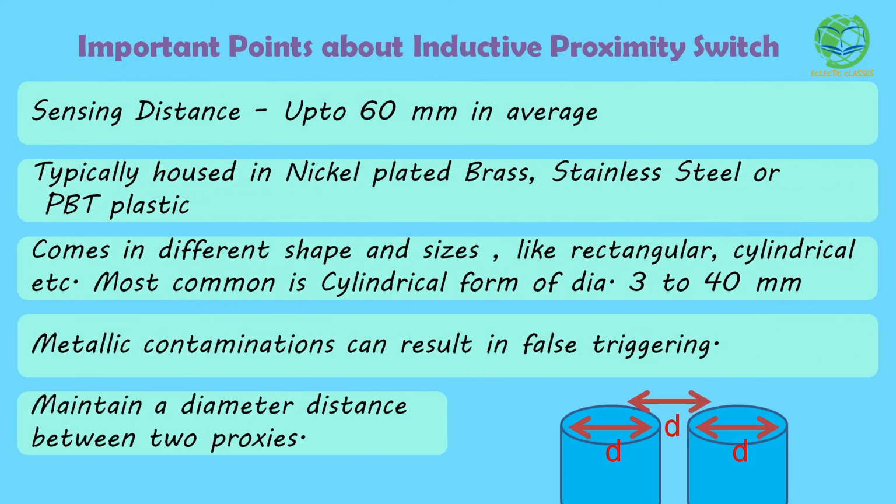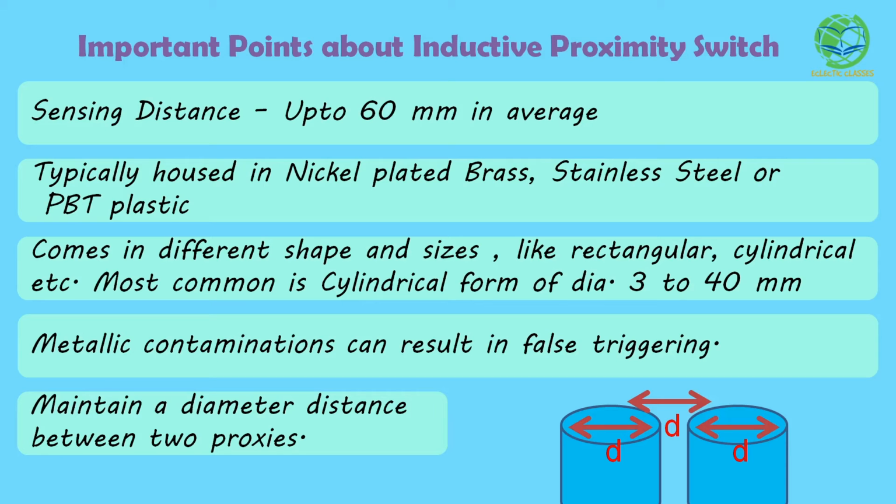A few important points about inductive proximity switches are: an inductive proximity sensor can sense a target object from a fraction of a millimeter to 60 millimeters on average. Inductive proximity sensors are typically housed in nickel-plated brass, stainless steel, or plastic. The inductive proximity switch comes in different shapes and sizes.